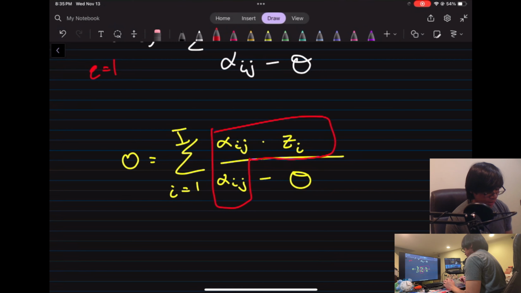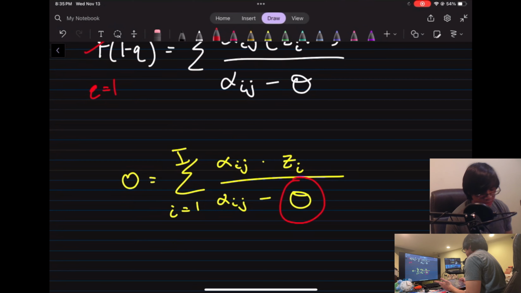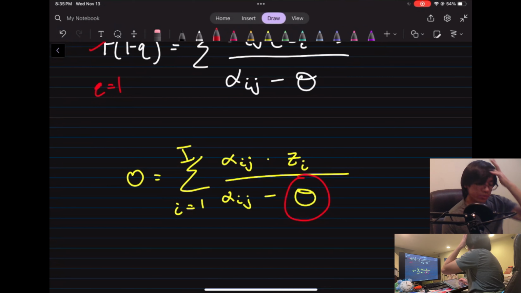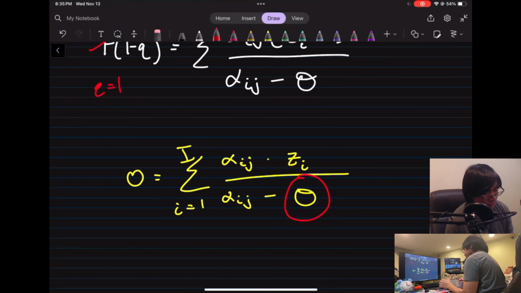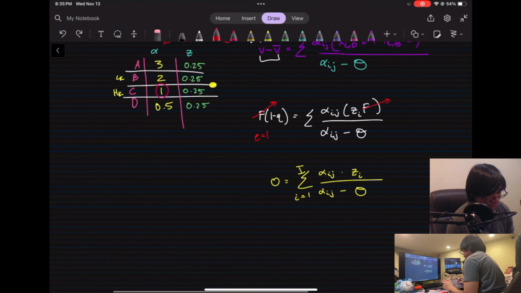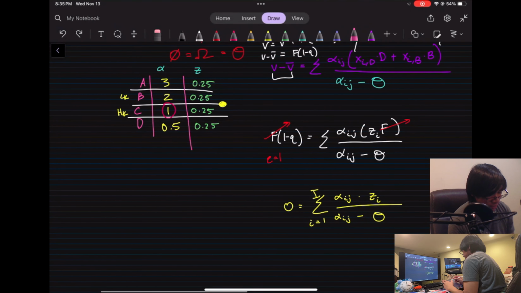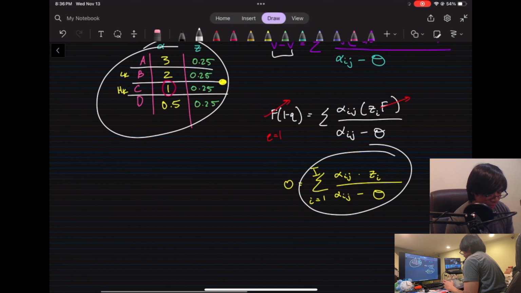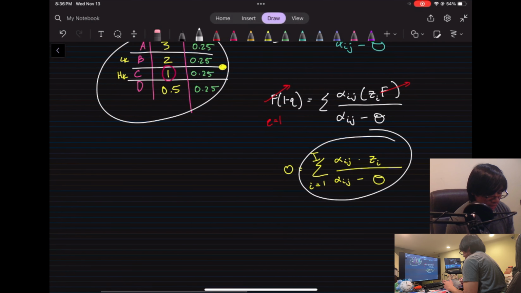And then we'll be using root scalar, since it's only one value here, to solve for this theta. So essentially in our Python, we have these values, plug them into here, and use the root solver to solve for theta.